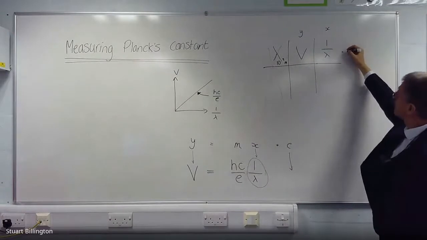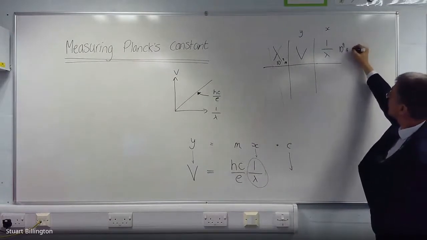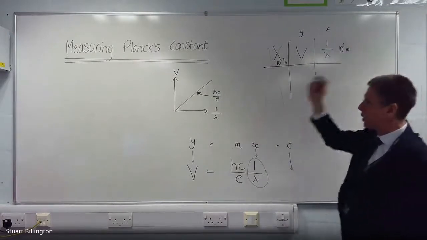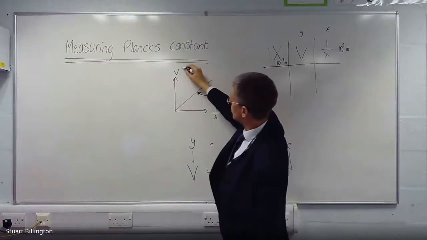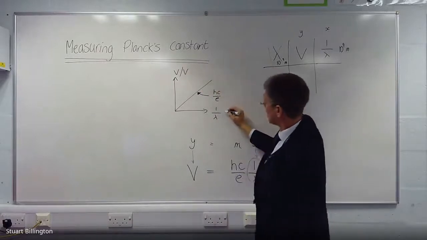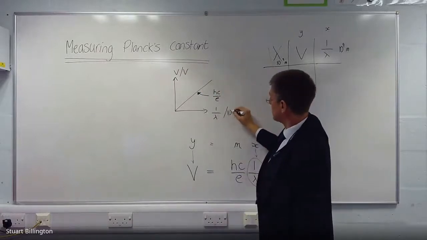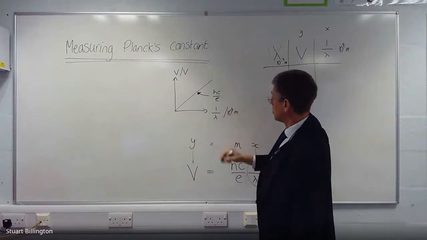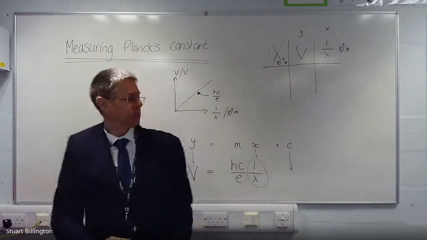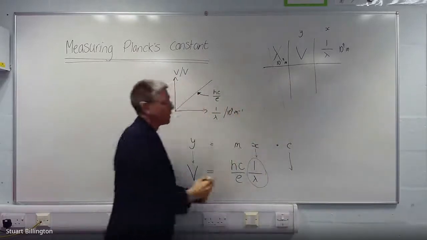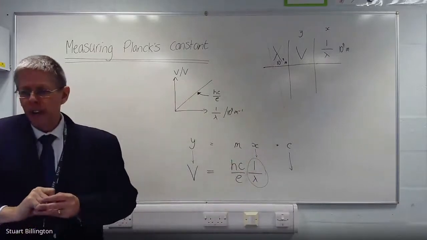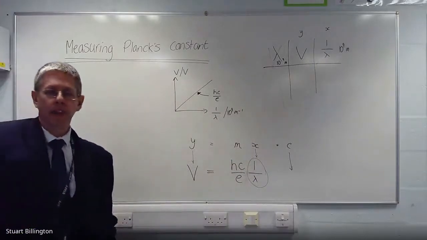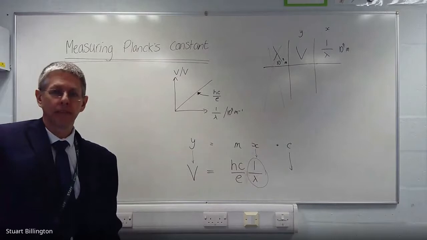When you convert it, it'll just be in 10 to the 9 meters. So your scale on your y-axis will be volts. Your scale on your x-axis will be 10 to the 9 meters rather than meters. Oh, meters to the minus 1. And we'll work out the powers of 10 when we do the gradient later.